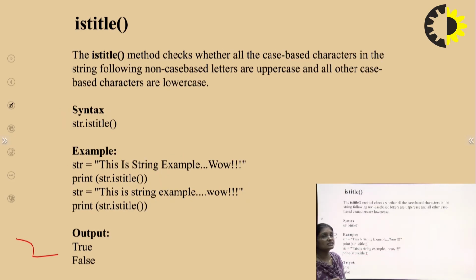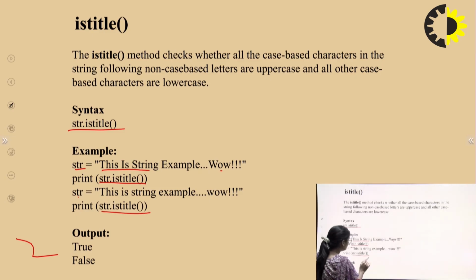The istitle method checks whether all the case based characters in the string following non case based characters are uppercase and all other case based characters are lowercase. For example, the syntax is string dot istitle, and the example string, this is a string example. Wow, string dot istitle, and this is a string example. Wow.